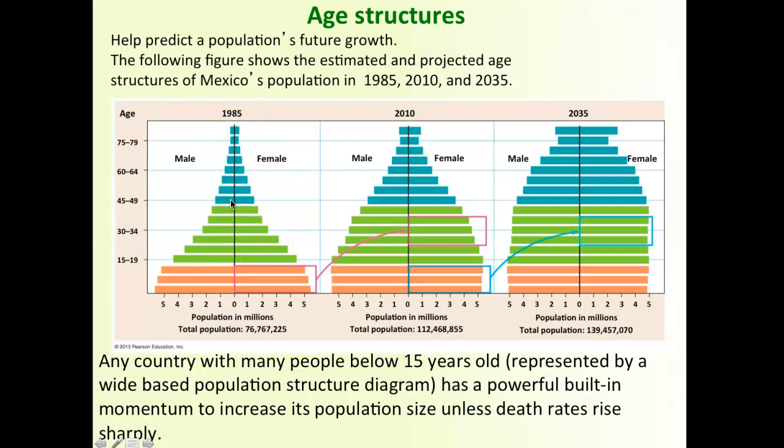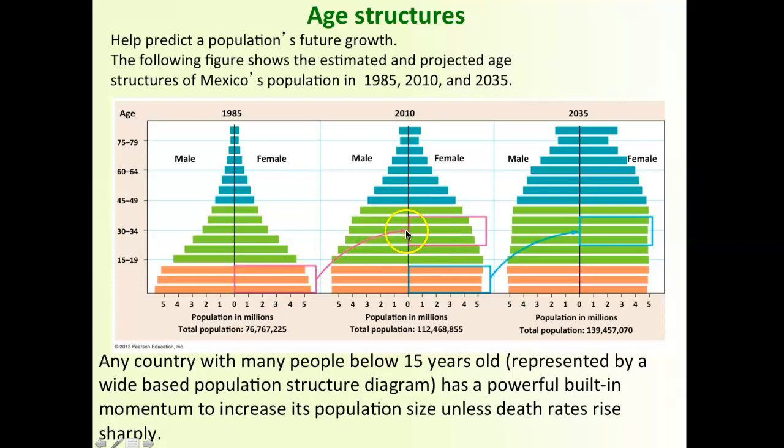And it's color coded because if you have a very wide base, so you have a lot of young people, and in this case here in 1985, Mexico had the majority of their population under the age of 19 or 18. And so when they age, right, in 10 years or 15 years, this wide base, the large amount of young people will move up into reproductive age.